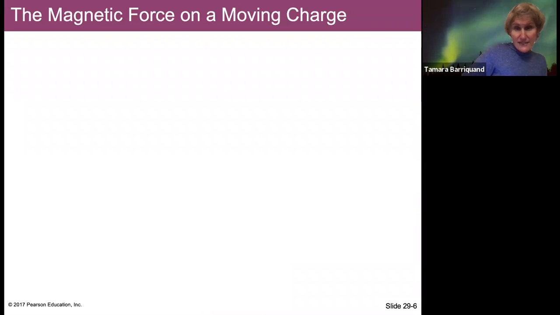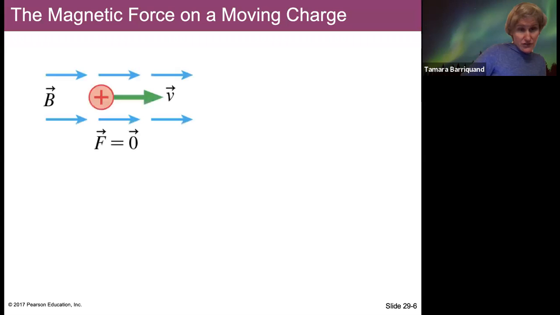Now let's look at a couple examples using our right-hand rules to determine the magnetic force on a moving charge. In the first example, the positive charge is moving to the right and the magnetic field vectors are also to the right.